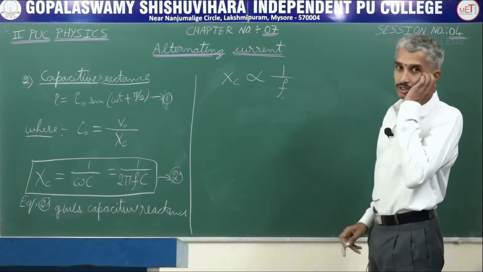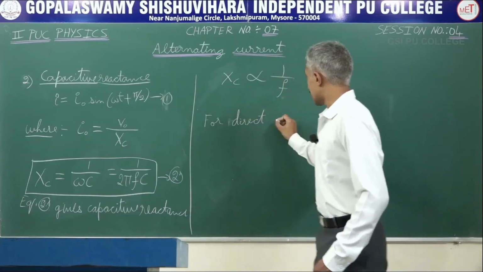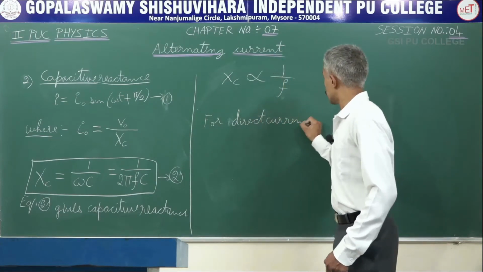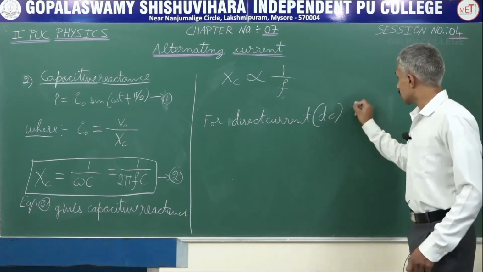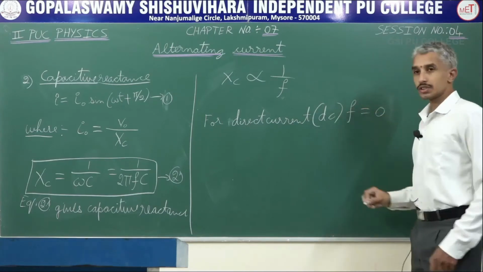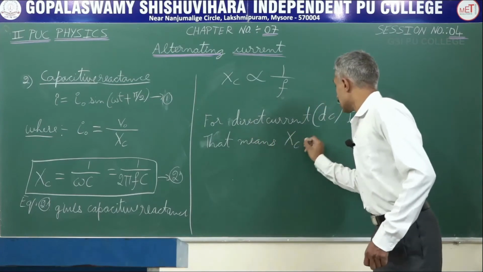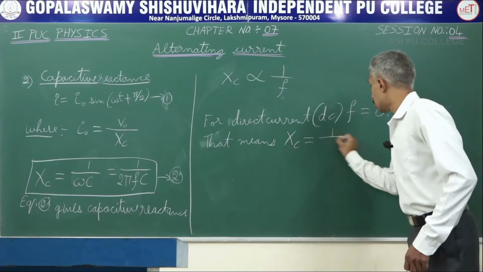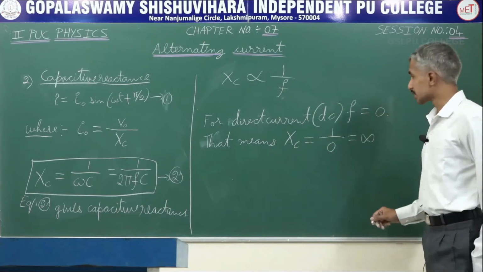In that case, frequency is 0. For direct current, that is DC, frequency is 0. That means capacitive reactance is given by 1 by 0, which is infinity.